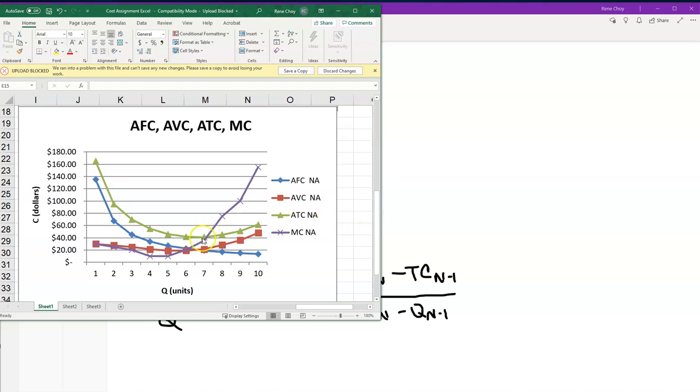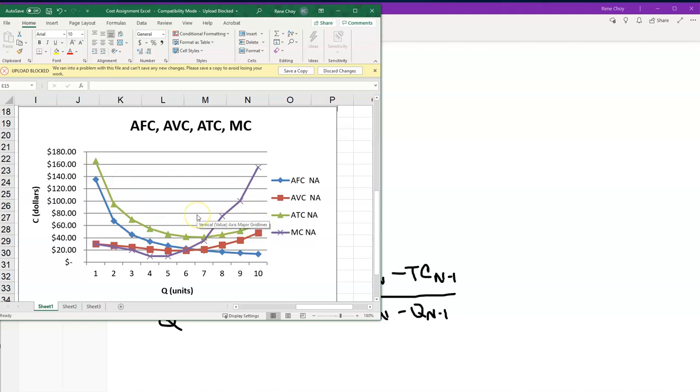Okay, so this line that you see here in purple is marginal cost. This line that you see here in red is average variable cost. This line that you see here in blue is average fixed cost, and this line that you see here in green is average total cost.